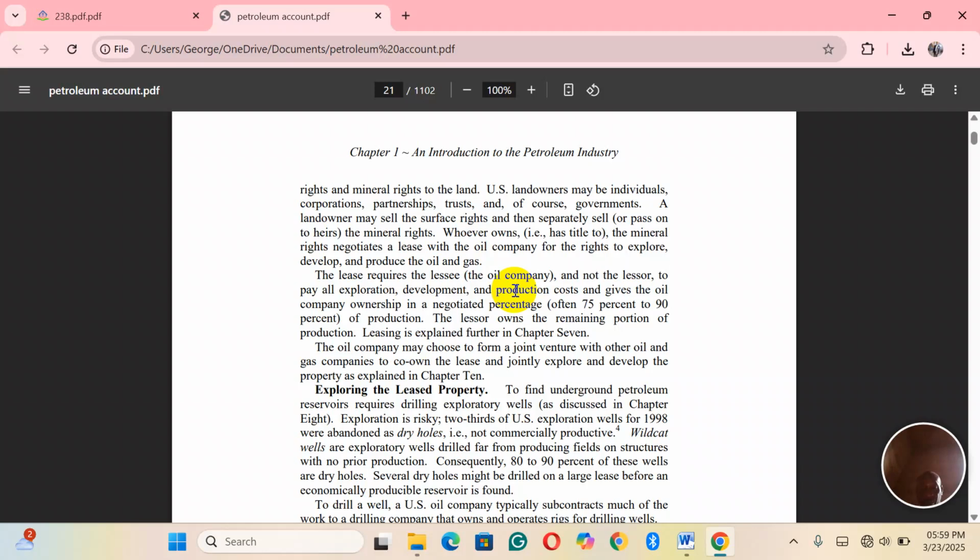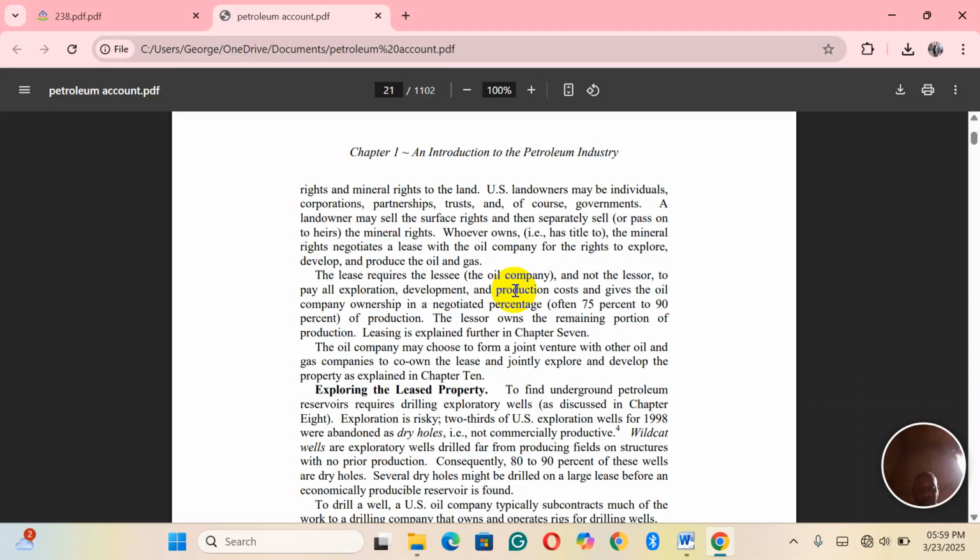The lessor owns the remaining portion of the production, and leasing is explained further later. The oil company may also choose to form a joint venture with other oil and gas companies to co-own the lease and jointly explore and develop the property, as explained in another chapter.